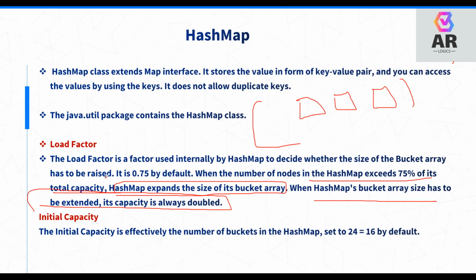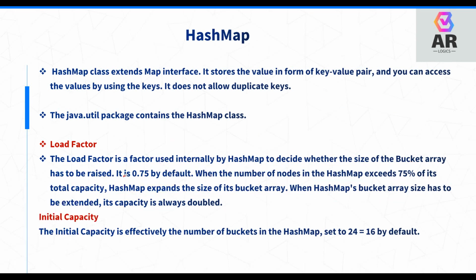Load factor is used internally by the hash map to decide whether to extend the memory. This is the default size, 0.75. If you want to increase the capacity, I can show how right now.